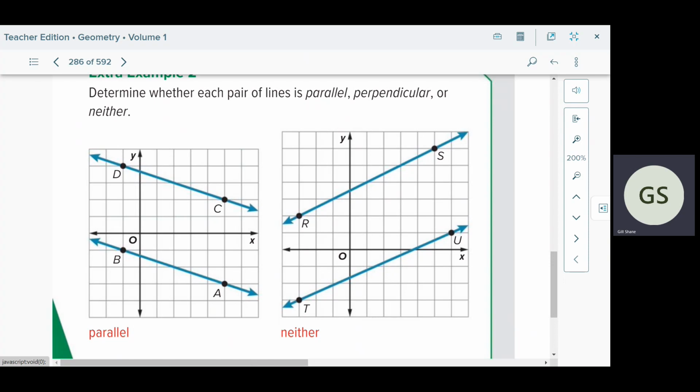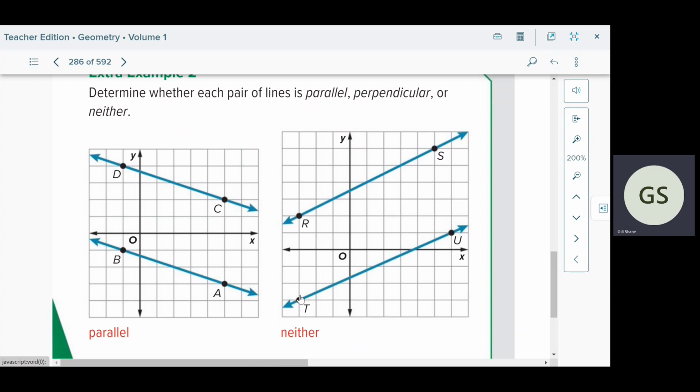I'm going to give you a short, quick version of this to tell you if they are parallel or perpendicular, if you have points that line up. So here's a shortcut version. If I have these 4 points on a graph, I better be able to count the same distance between the lines. That's what parallel means.